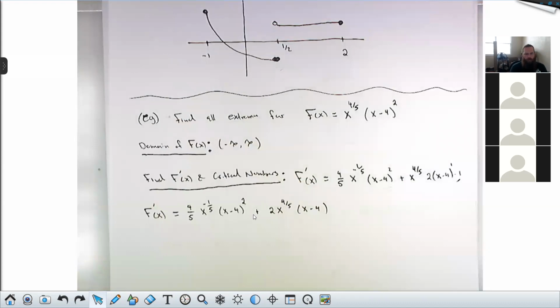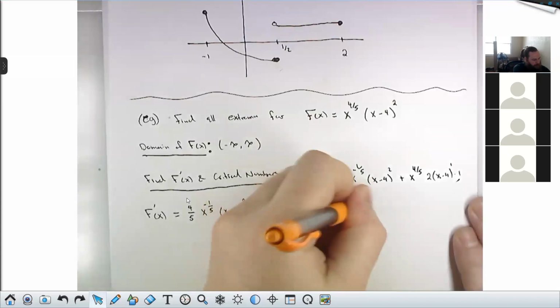In order to find out where this is 0 and where this is undefined, I need to figure out what's going on with this negative power. One way to do that is to try and write this all as one fraction, right? Rewrite this as 1 over x to the 1/5 and then have a common denominator between all the pieces. But there's a neat trick that works well here, and that's to factor out the largest negative exponent.